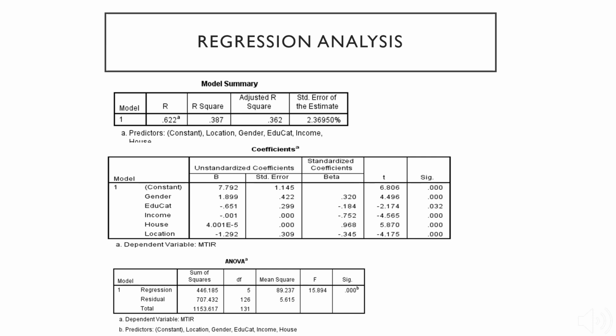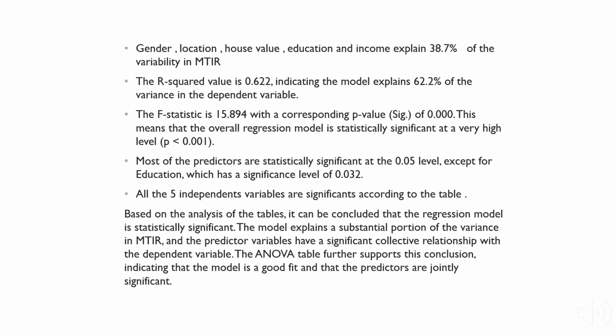Here we did the regression analysis: model summary, coefficients, ANOVA. Gender, location, house value, education, and income explain 38.7% of the variability in MCIR. The R-squared, which means the coefficient of determination, is 0.6622, indicating the model explains 62.2% of the variance in the dependent variable.